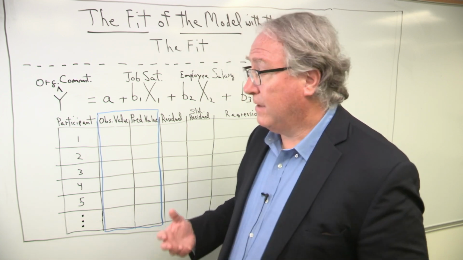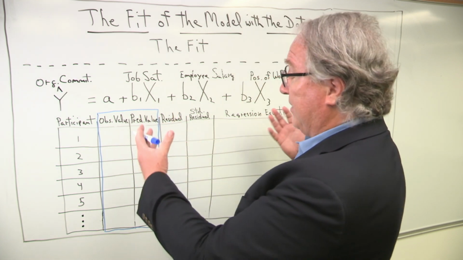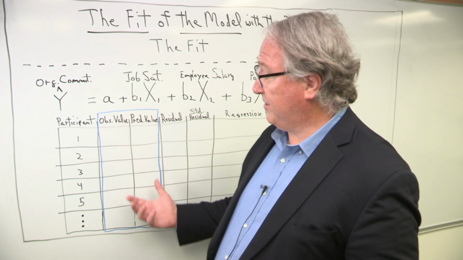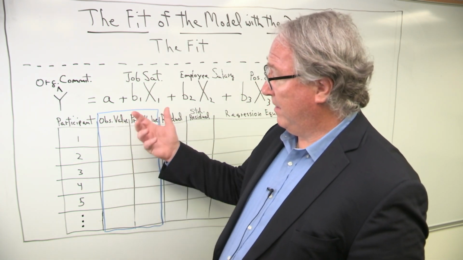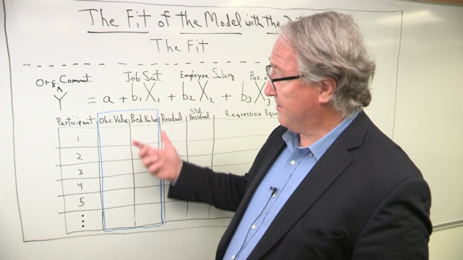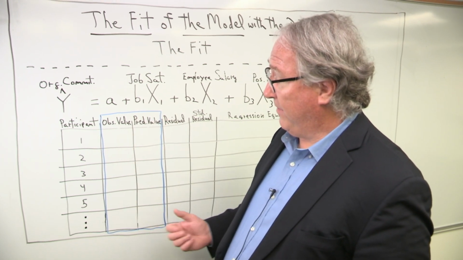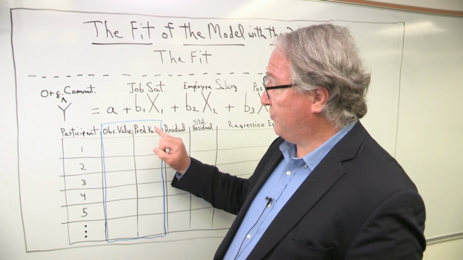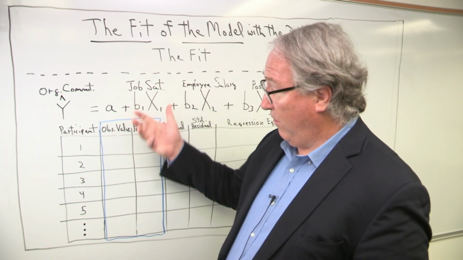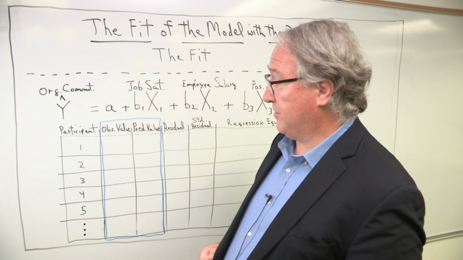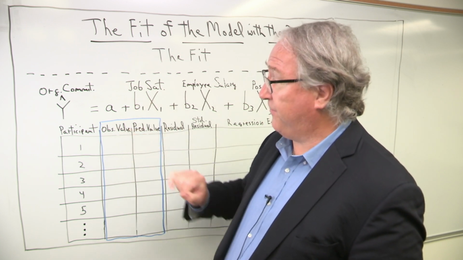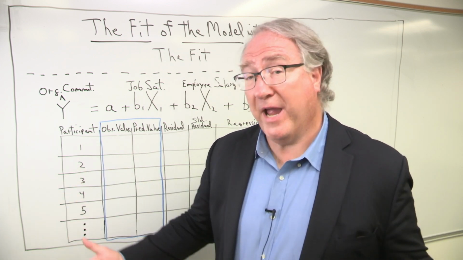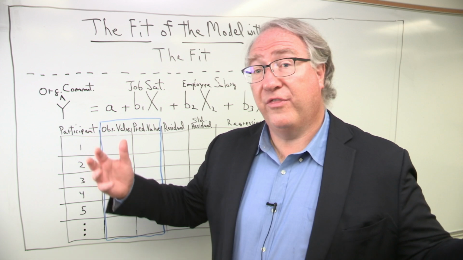So if you're looking at your data set, understand it's these two values that represent the degree of fit of the model with the data. The closer the predicted values come to the actual observed values, the better the fit.